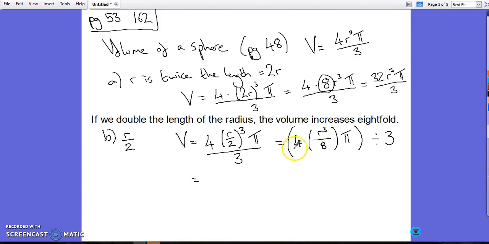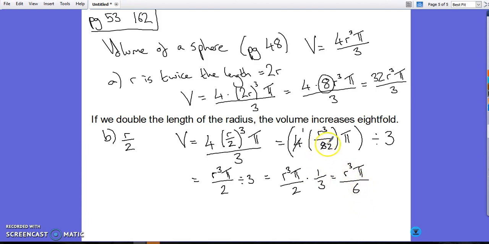So I can cancel this 4, 1, with this 8, 2. So I have r cubed pi over 2 divided by 3, which is the same as saying r cubed pi over 2 times 1 over 3, which is then r cubed pi over 6.